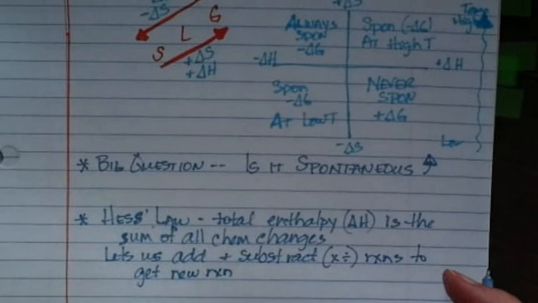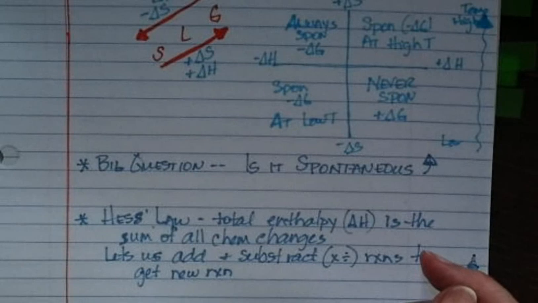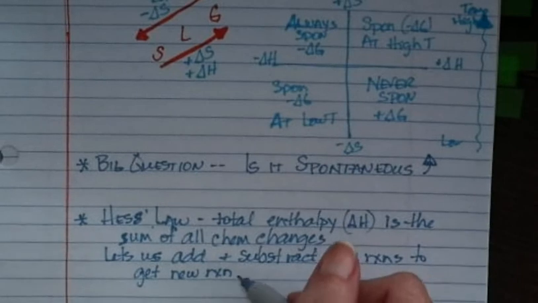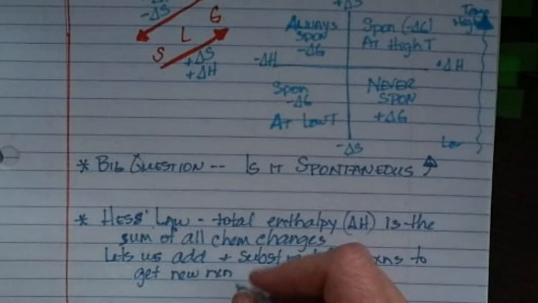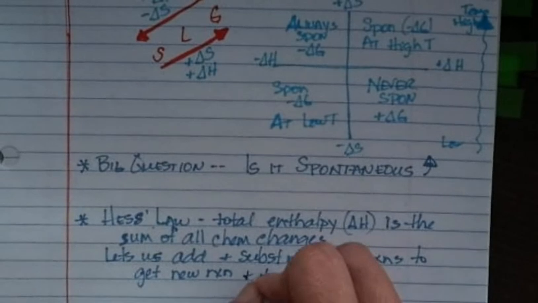So sometimes we have to add and subtract the different chemical reactions to come up with a new one. Kind of like in your math classes, you've added and subtracted equations, like you've got two different equations and you combine them, and that ends up coming up with a third equation that looks totally different from the first two. We can do the same thing with chemical reactions. And so we can add and subtract the reactions to get a new reaction and the new enthalpy.